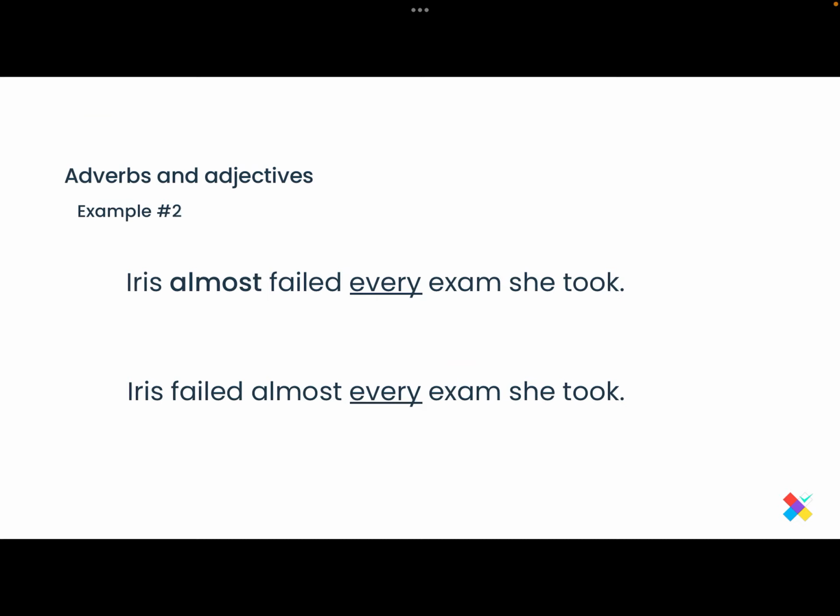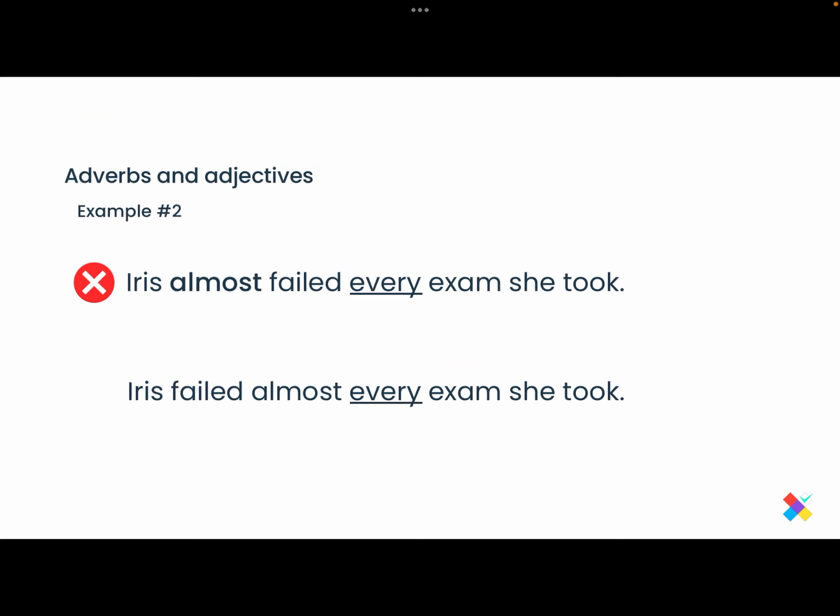And because adverbs can modify both adjectives and verbs, they are easily misplaced. Like in the first situation, Iris almost failed every exam she took. Now, moving one word gives these two sentences very different meanings. Almost every exam, Iris failed almost every exam she took.